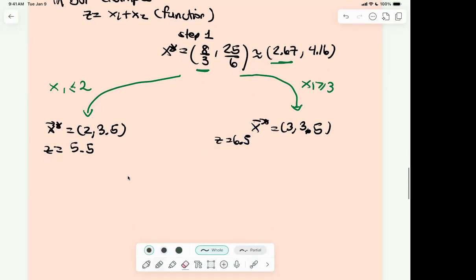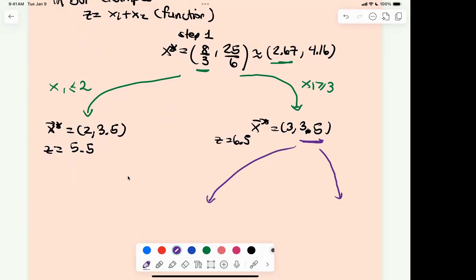And then there's only one possibility, which is to branch at the second coordinate, because the first one is already an integer. So you branch there. So the branching would have required x2 greater or equal to 4 or x2 less or equal to 3.